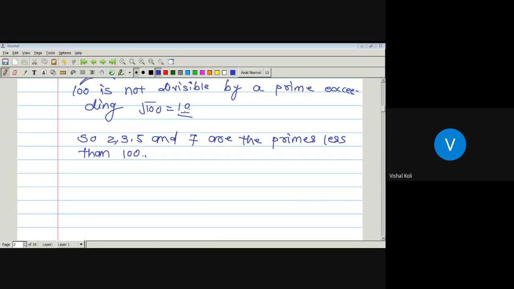And we have also seen the sieve of Eratosthenes. In that we have seen it is a method to find out the primes. That is just what we have to use. As 2, 3, 5 and 7 are the only primes which are less than 10, now 100 is not divisible by any prime exceeding this square root value.